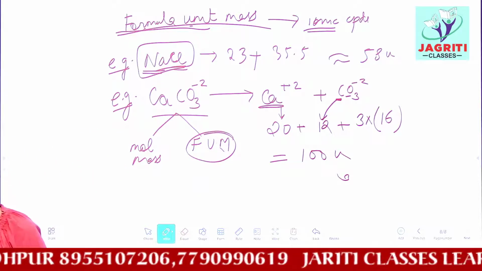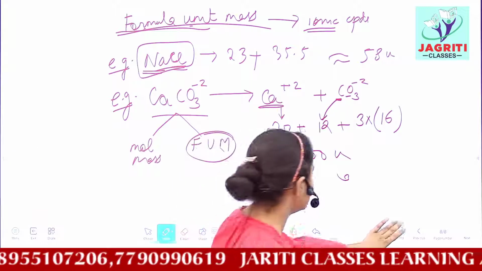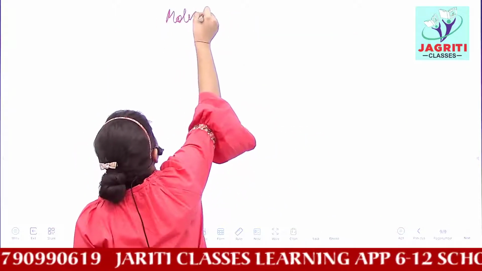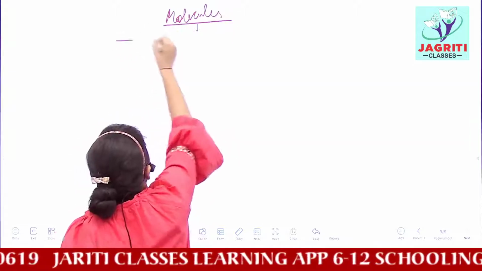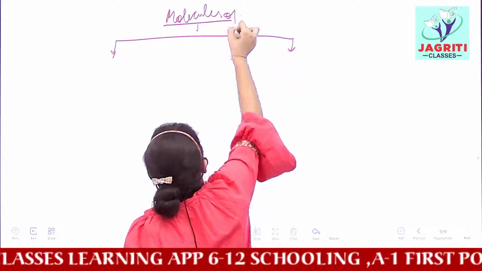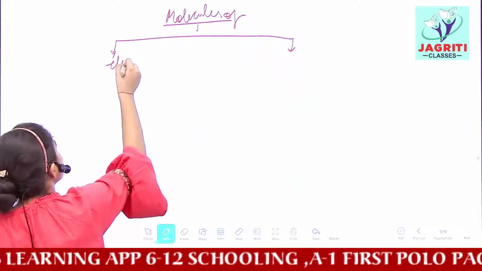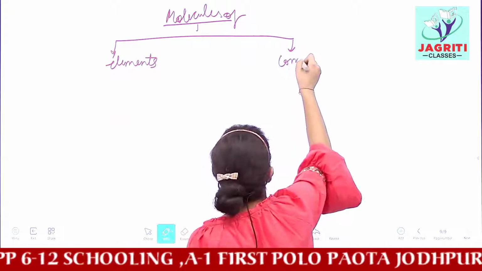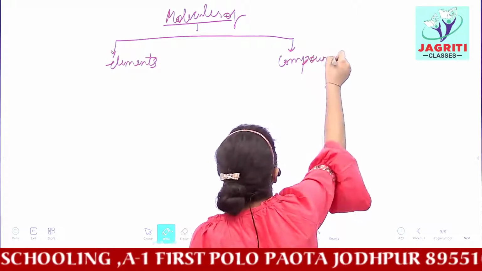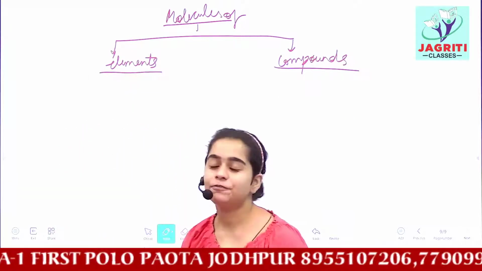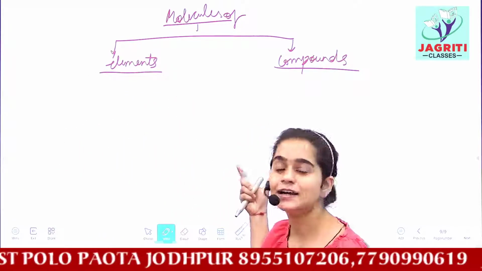Then our next topic comes, types of molecules. Molecules can be categorized into two types. That is molecules of elements, or we have molecules of compounds. Let's take an example to differentiate what we mean by elements and compounds.